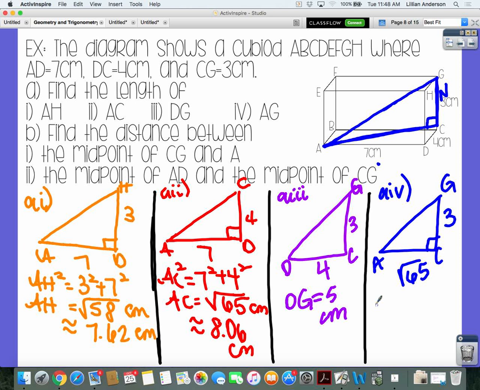Okay? So AG squared equals the square root of 65 squared. What happens when you square a square root? It's a whole number. So this turns into 65 plus 9. What's 65 plus 9? 74.